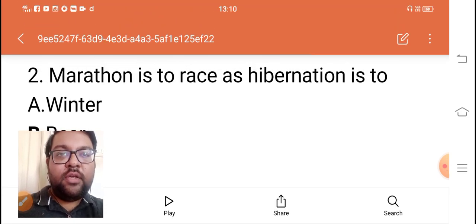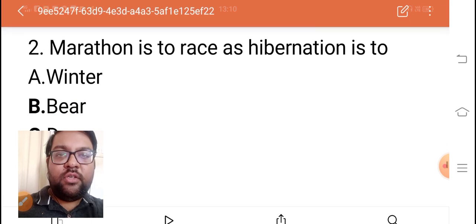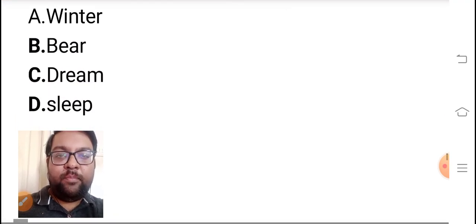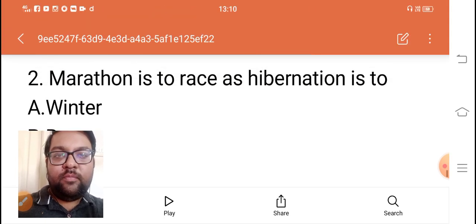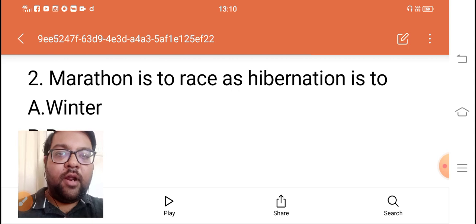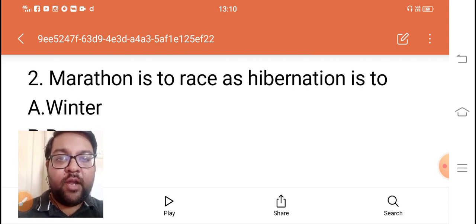So marathon is related to race and hibernation is related to sleep, because a marathon is to run slowly in a race, so hibernation is sleeping for a long time. You could have heard that some animals hibernate for years together underground, right?